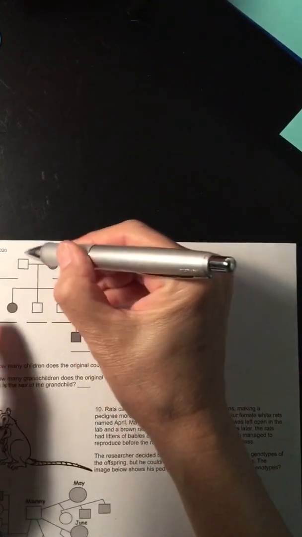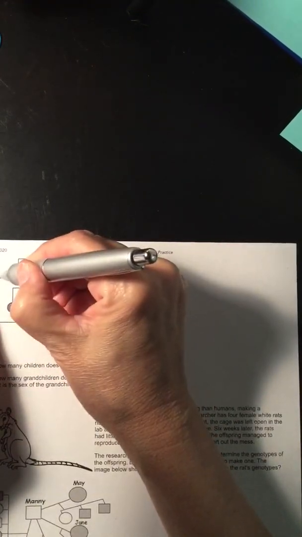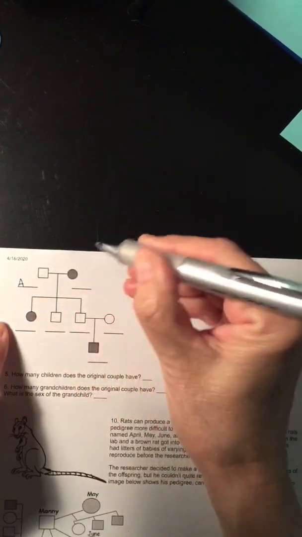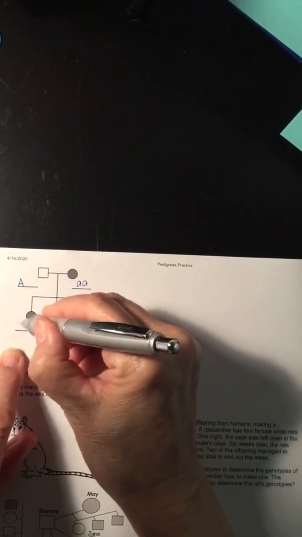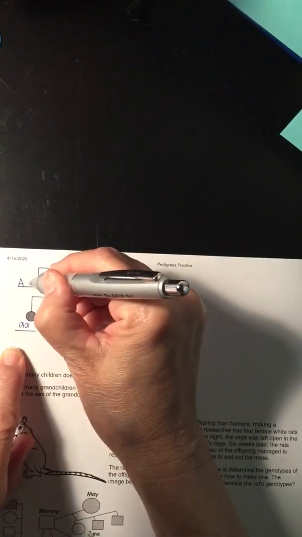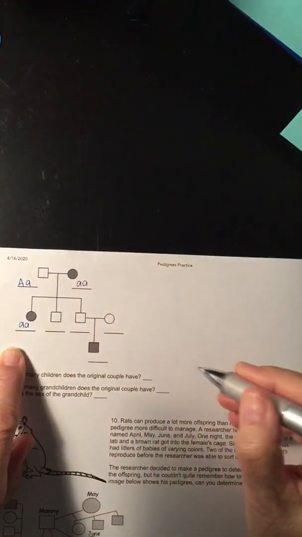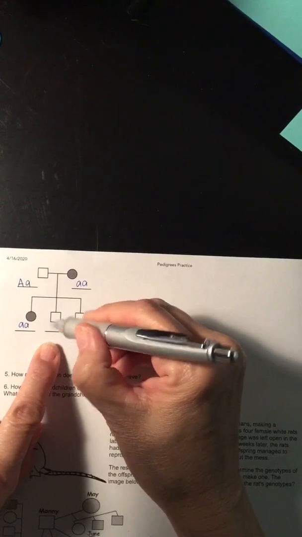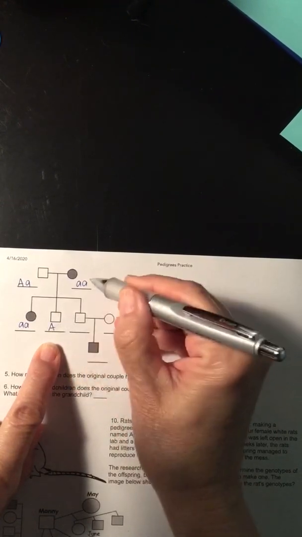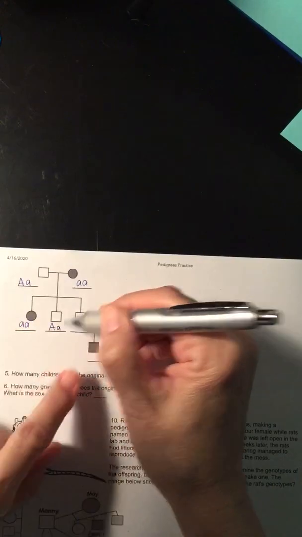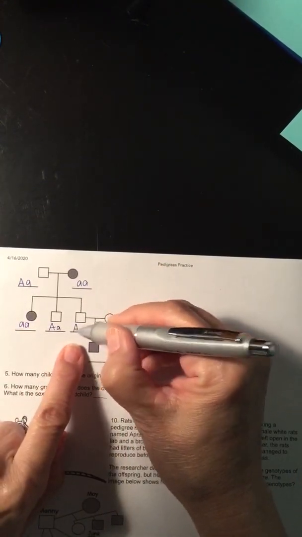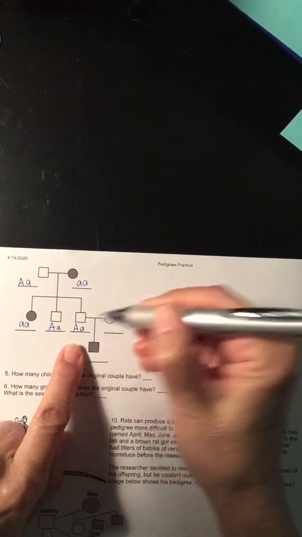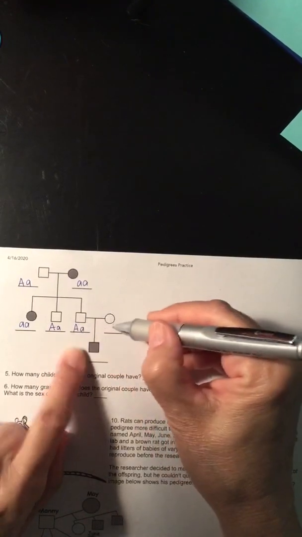All right, so we know that this dad here is big A something, and the mom is little a. Well, we got a kid who's little a, so dad must be heterozygous for the trait. So this kid right here got a big A and a little a, because one from each parent, and this kid got a big A and a little a because they're not albino.